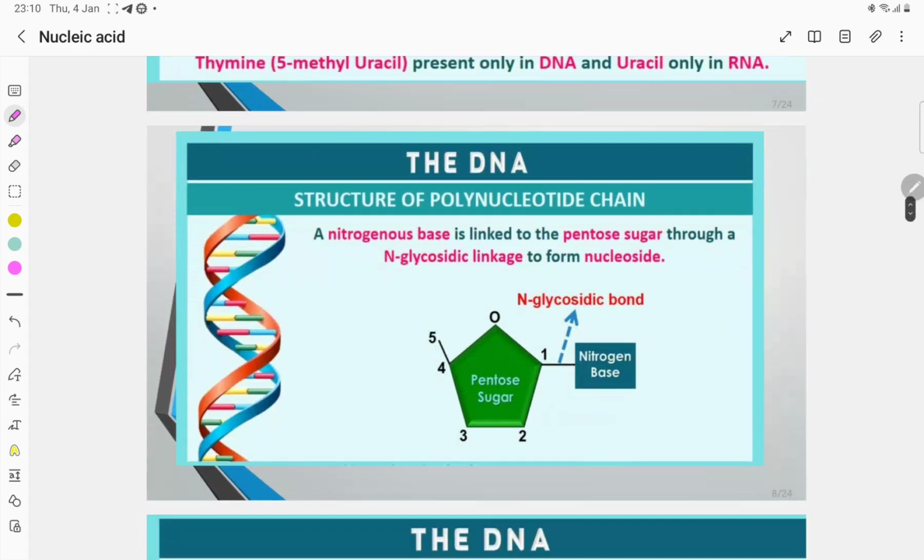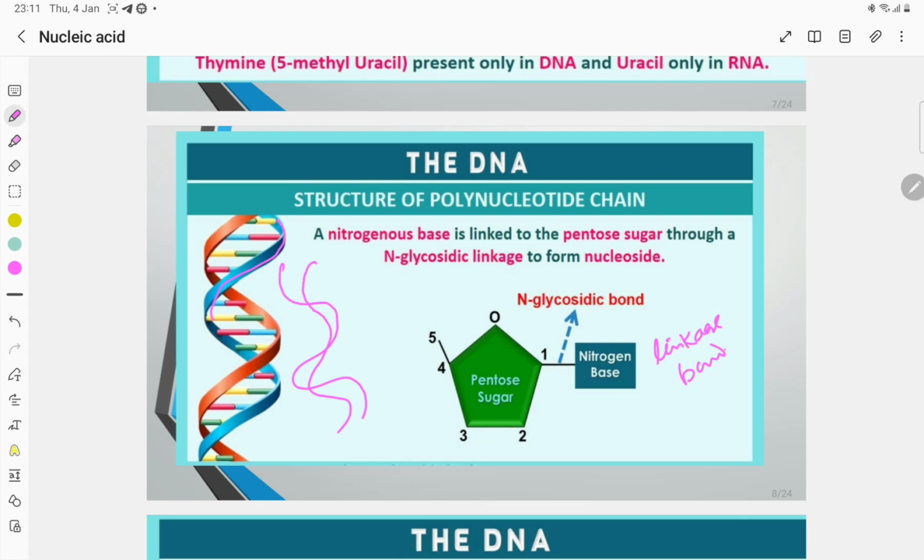Now look at the picture. These are the two rings. Look at the picture: the two polynucleotide chains are coiled around each other. This coiling actually occurs due to a linkage or bond. What bond?